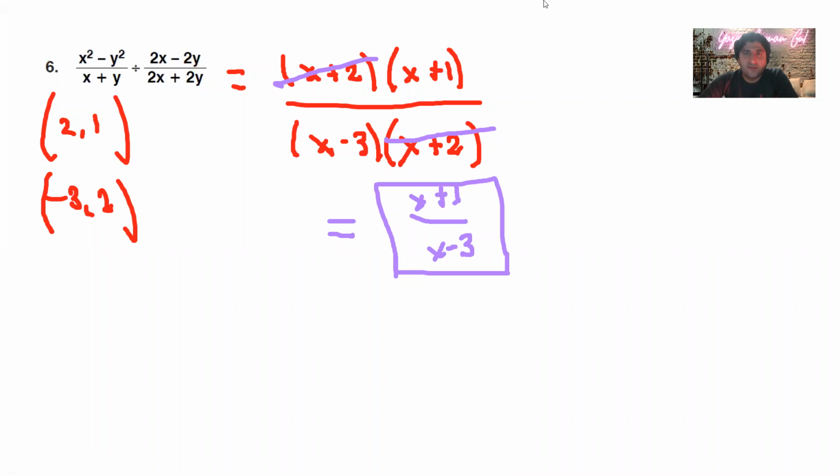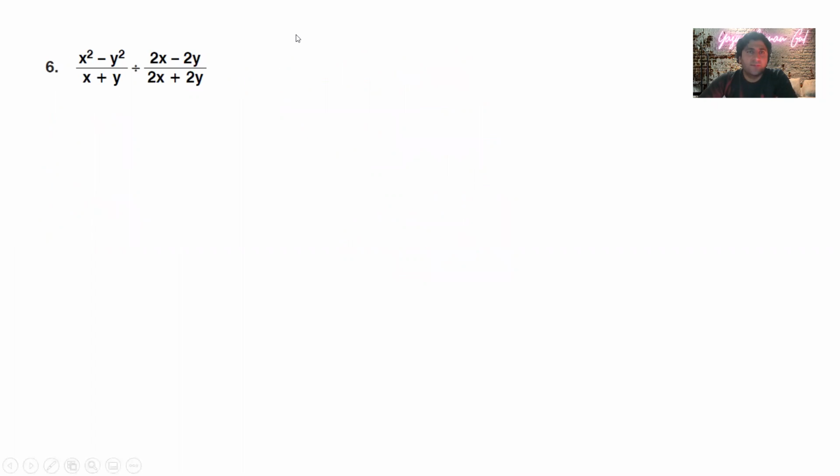Question 6. Let's do this one. Let's see what it says. All right. x squared minus y squared over x plus y. Again, the same thing.